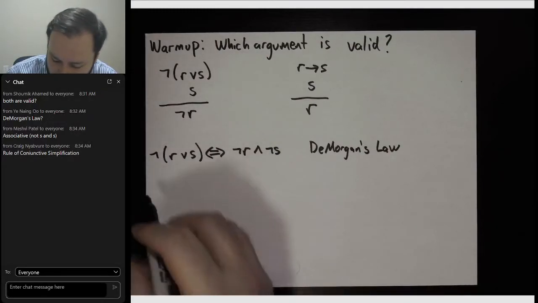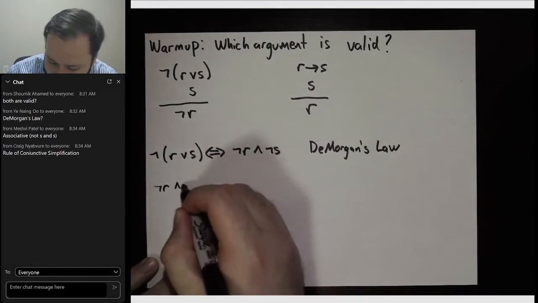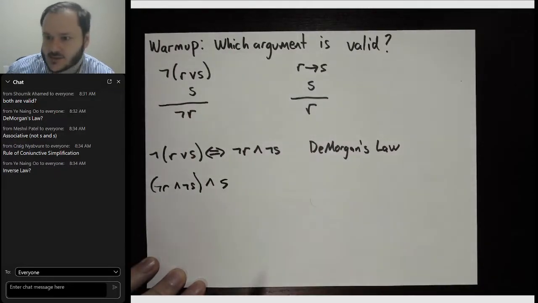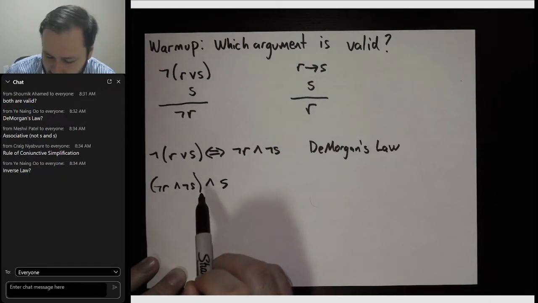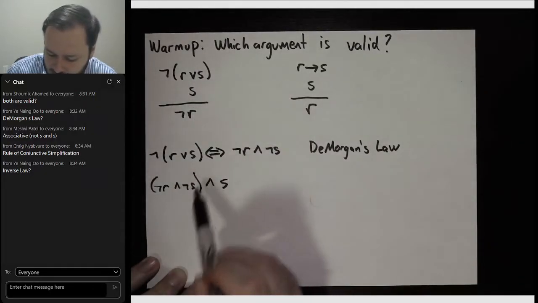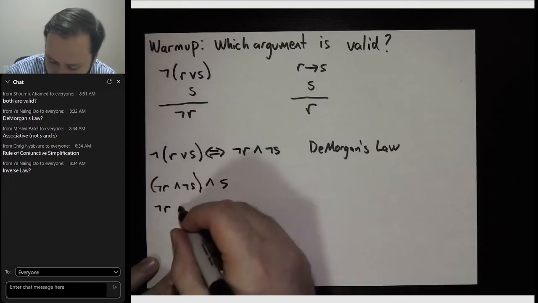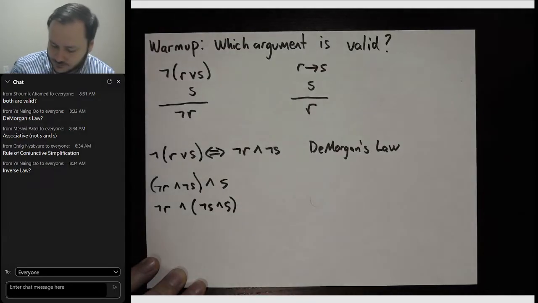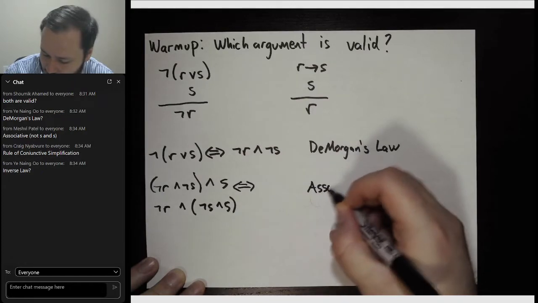So right now, we've changed this to be not R and not S, and my second premise is S. So I like this idea of let's look at an associative law on our argument so we can combine our S and not S. So we have not R and not S and S. These are logically equivalent by the associative law.